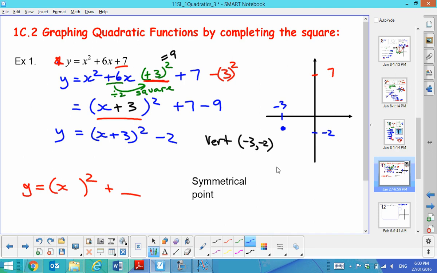If I know the y-intercept, I can then make what I call that symmetrical point. So if this is 3 units across here, then I can go another 3 units to get my symmetrical point. So that'll be at minus 6, 7. So now we can draw in our curve through there, down here, and up.